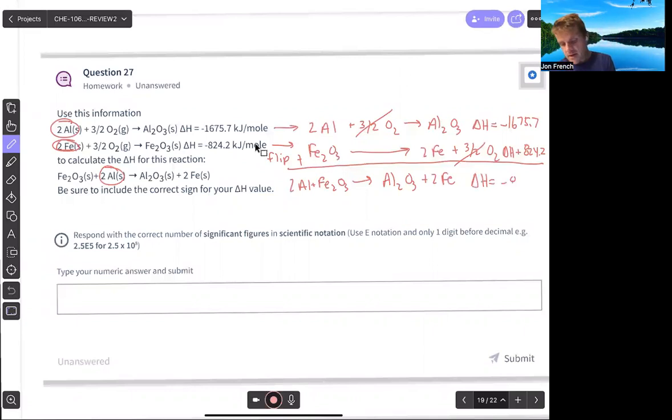So I get like a negative 851.5 kilojoules. Decimal. So yeah, I would say there needs to be a decimal. So I'd say like negative 8.515 e to the 2 kilojoules for that question.